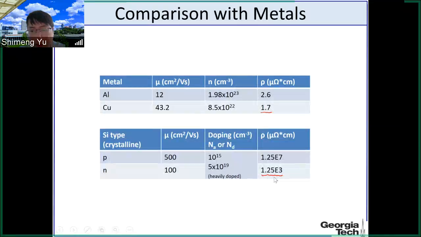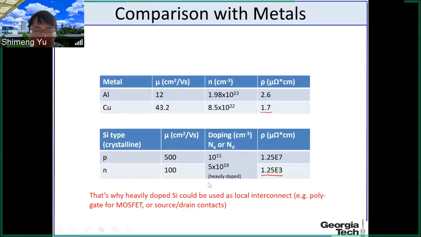This is between the metal and semiconductor. So here we have an application for this kind of heavily doped silicon. That is to use it as local interconnect, or in many cases, we make it as the contacts of the device. Later as we learn the MOSFET structure, the transistor will have, let's say, 3 terminals or 4 terminals. Those terminals mean the contact between the metal and the semiconductor.